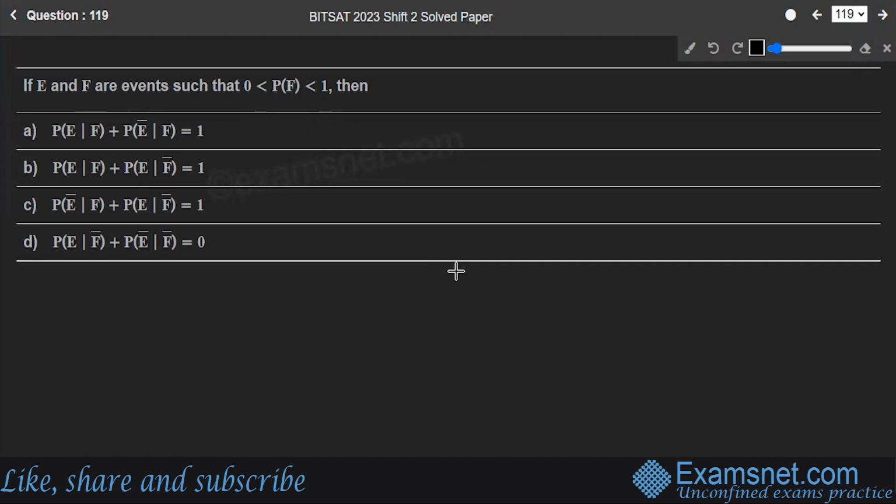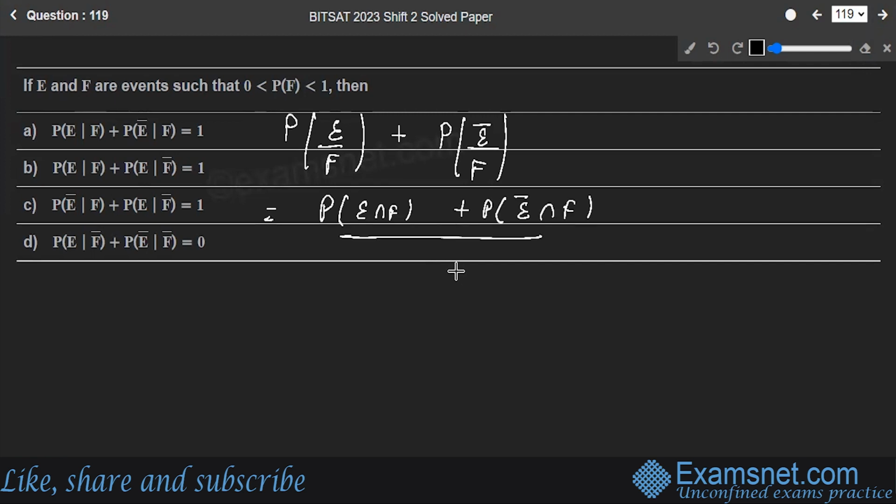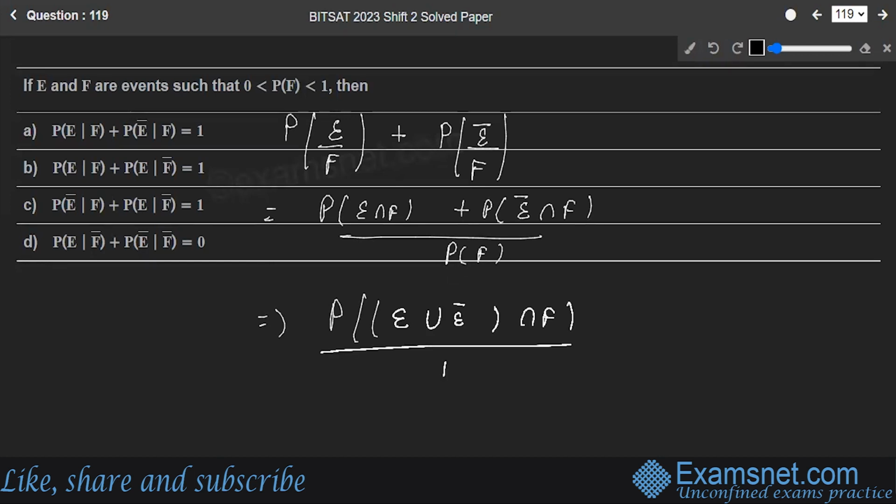P(E|F) + P(E'|F) is given by [P(E ∩ F) + P(E' ∩ F)] / P(F), which is equal to P((E ∪ E') ∩ F) / P(F).